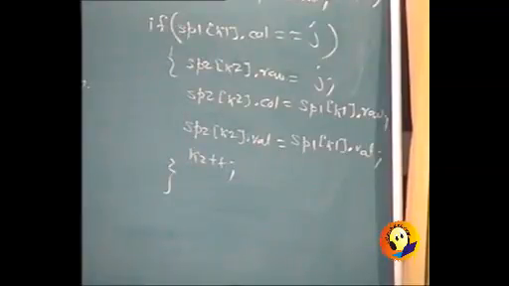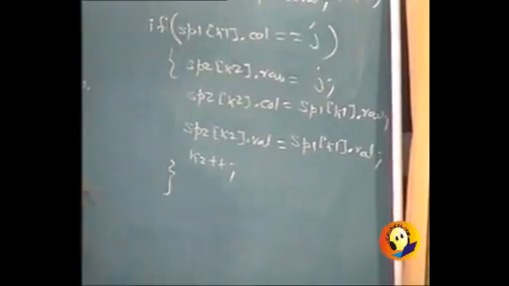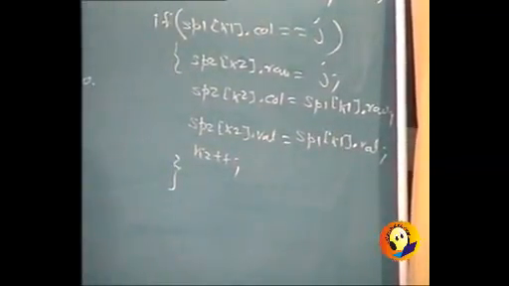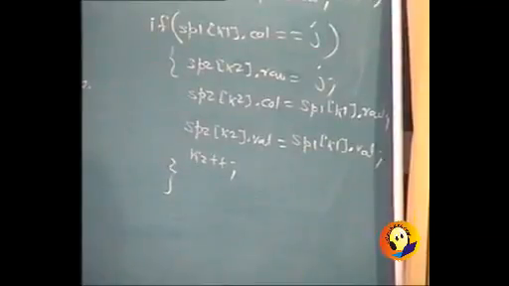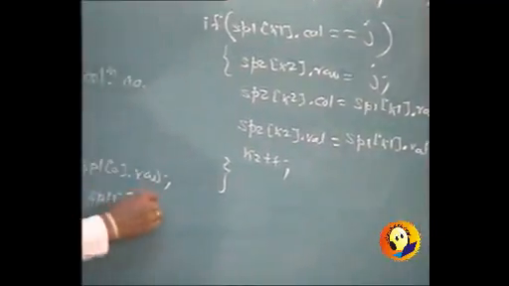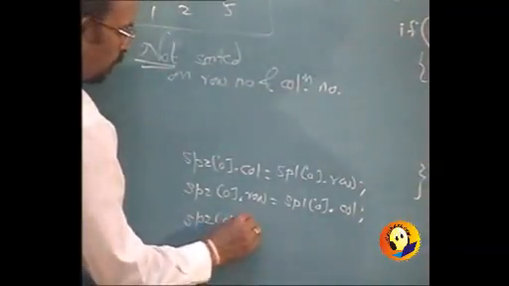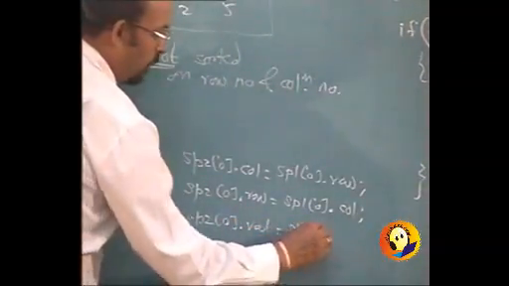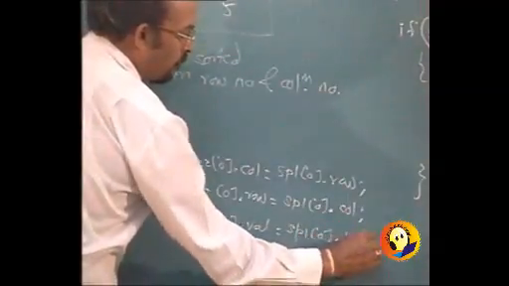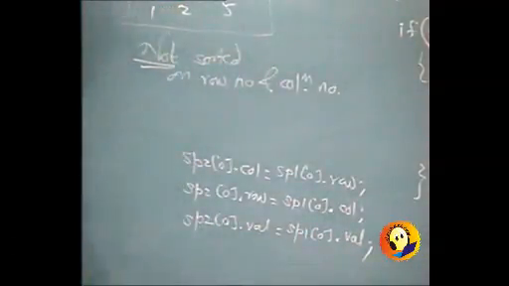And then I am required to copy this 436, which will be done outside. So this is the loop, and then finally you will say sp2[0].column equal to sp1[0].row, sp2[0].row equal to sp1[0].column, and sp2[0].val equal to sp1[0].val, and the transpose will be done.